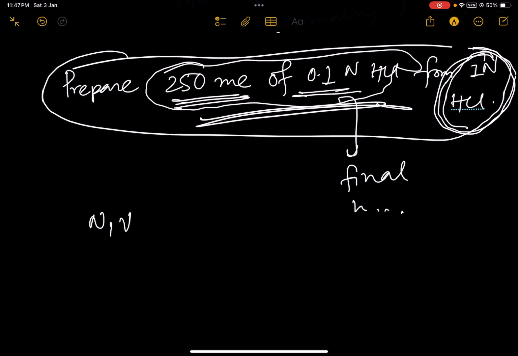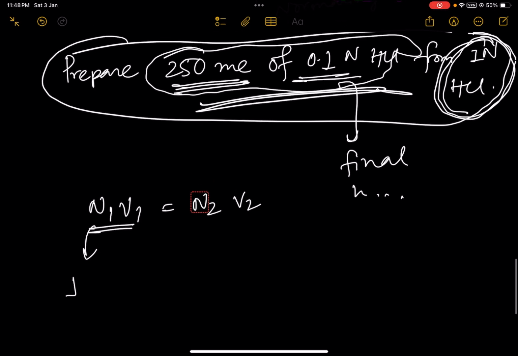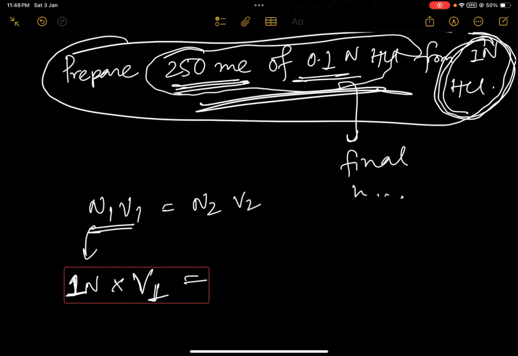So N1V1 equals N2V2. If the initial is given as 1 normal HCl only, there is no volume given, so I will take it as V1 only, and we have to make 0.1 normal HCl with a volume of 250 ml.